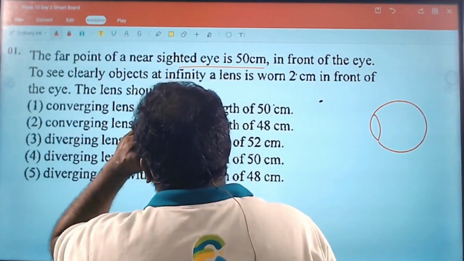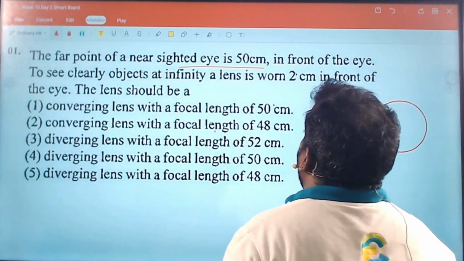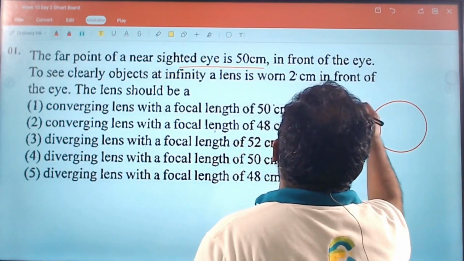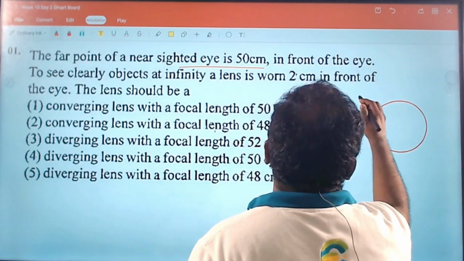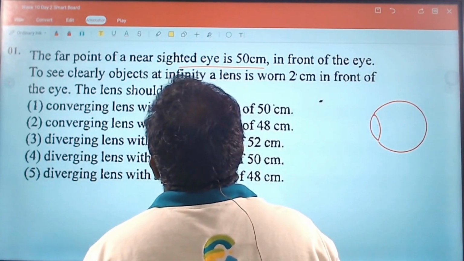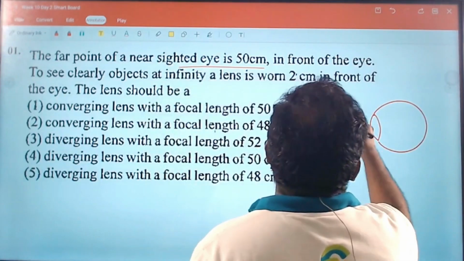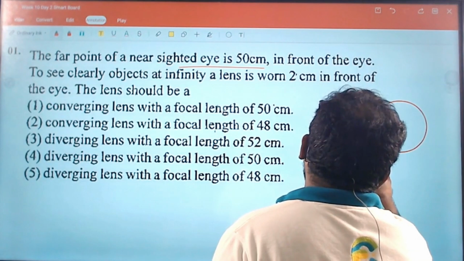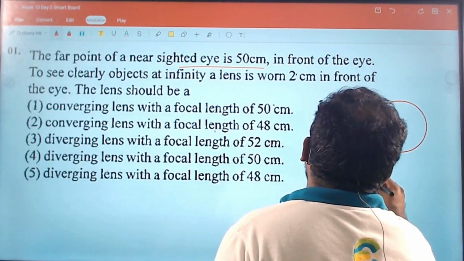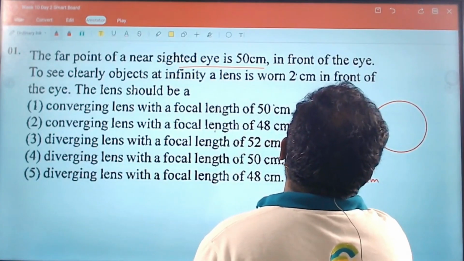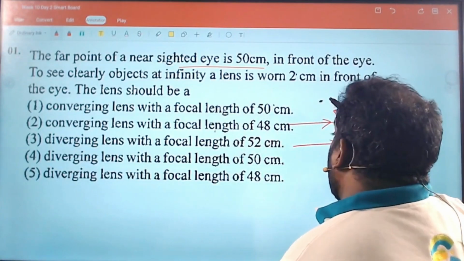To view objects at infinity, whatever lens you are wearing, for a short-sighted eye, 2 centimeters in front of the eye, light rays coming from infinity will diverge.